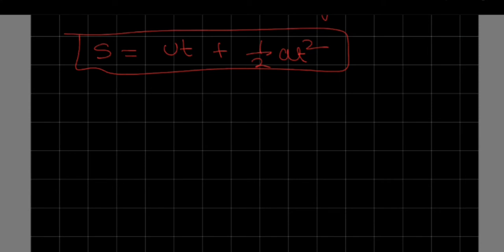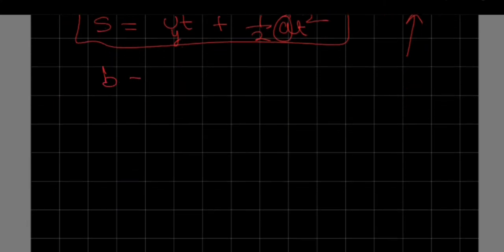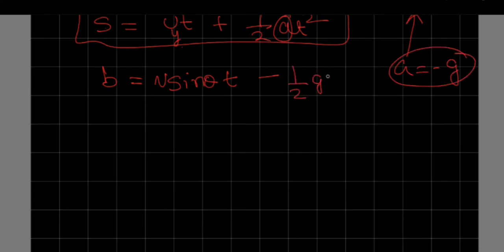Because we are taking the vertical axis, it will be u sin theta, and the acceleration will be against gravity, and the time would be t. So b would be u sin theta t minus half g t square. Alright, so b would be this value.